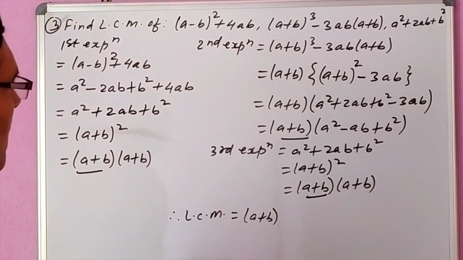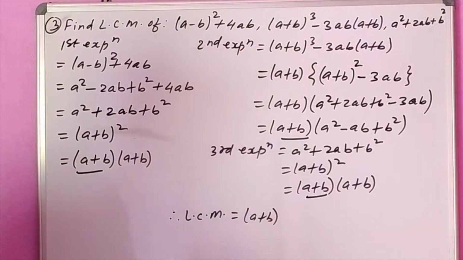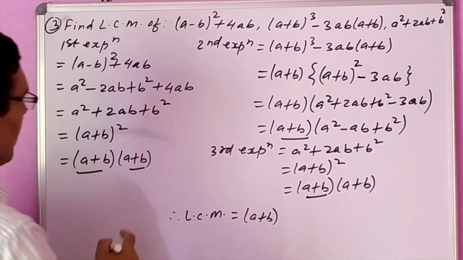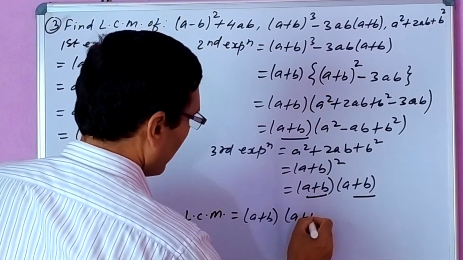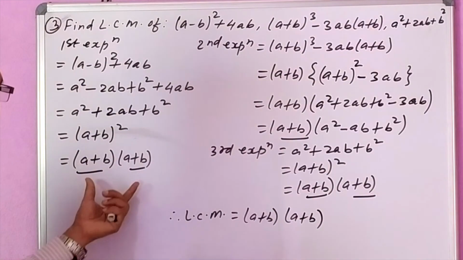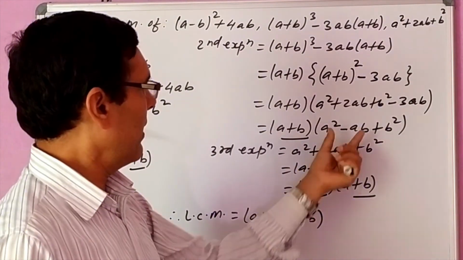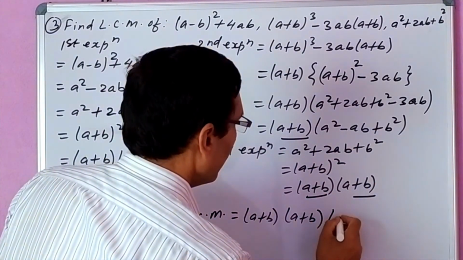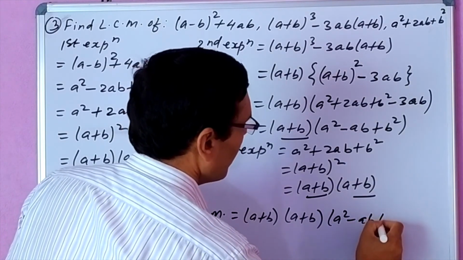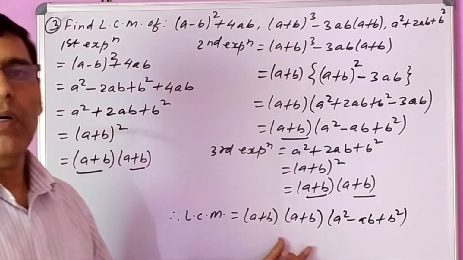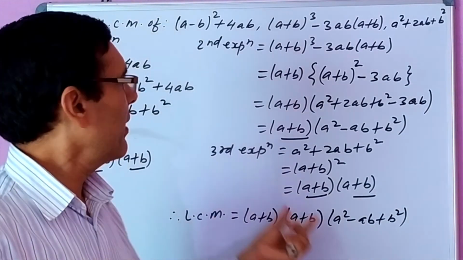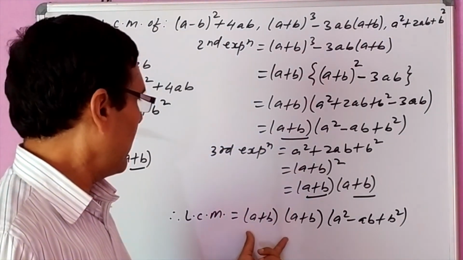Now we have this one A plus B from the first and third. Both finish here. What is remaining there? A square minus AB plus B square. So this is the product of the common and remaining factors of the given three expressions, which is the required LCM.